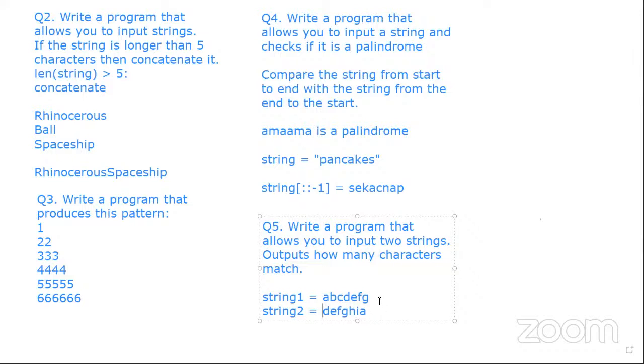So basically, it compares the two strings and sees how many characters match. So just from looking at it, we can tell that A is a matching character. G is a matching character. E is a matching character.